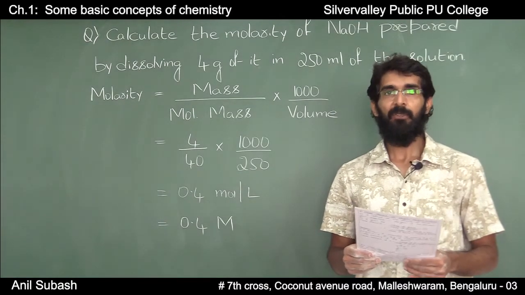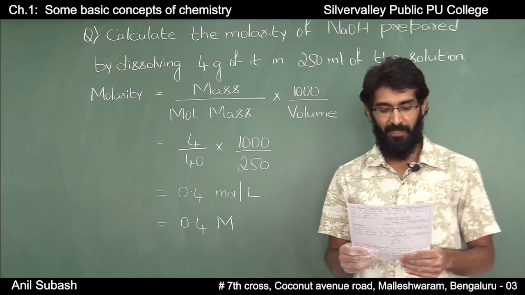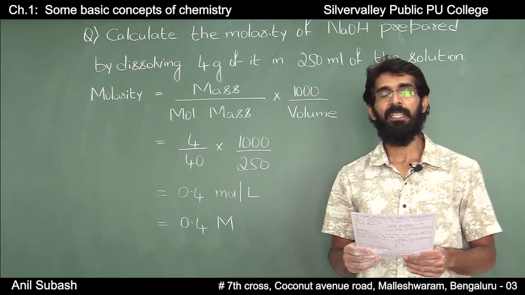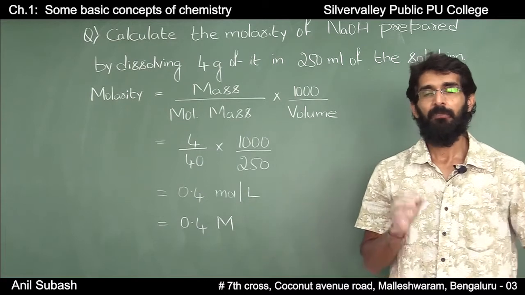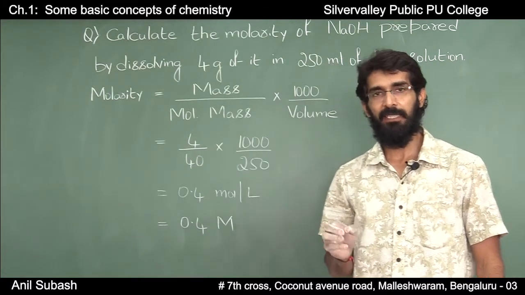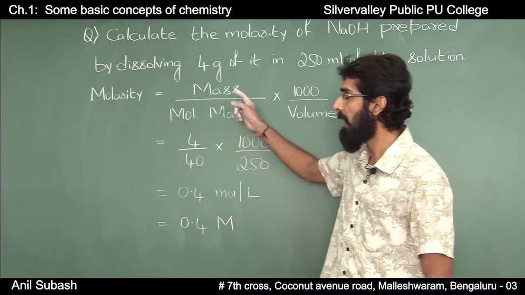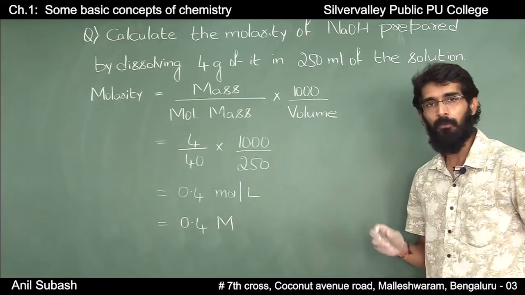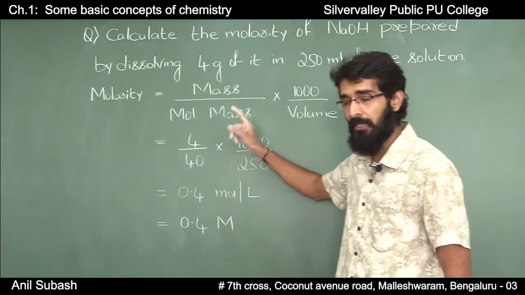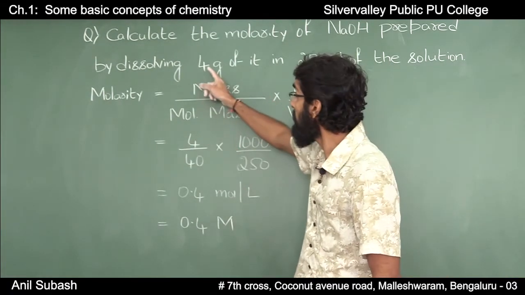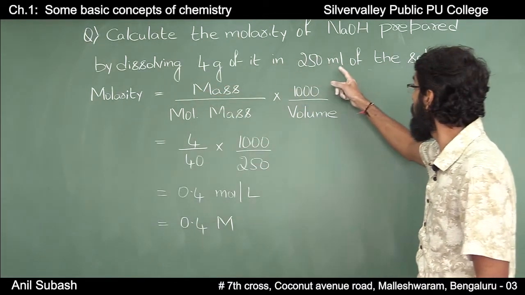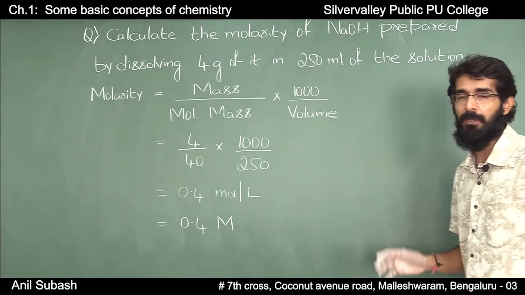Calculate the molarity of NaOH prepared by dissolving 4 gram of it in 250 ml of the solution. We all know that molarity is given by the formula mass by molecular mass into 1000 divided by volume. They have given that mass of NaOH is 4 gram and it is dissolved in 250 ml of the solution.